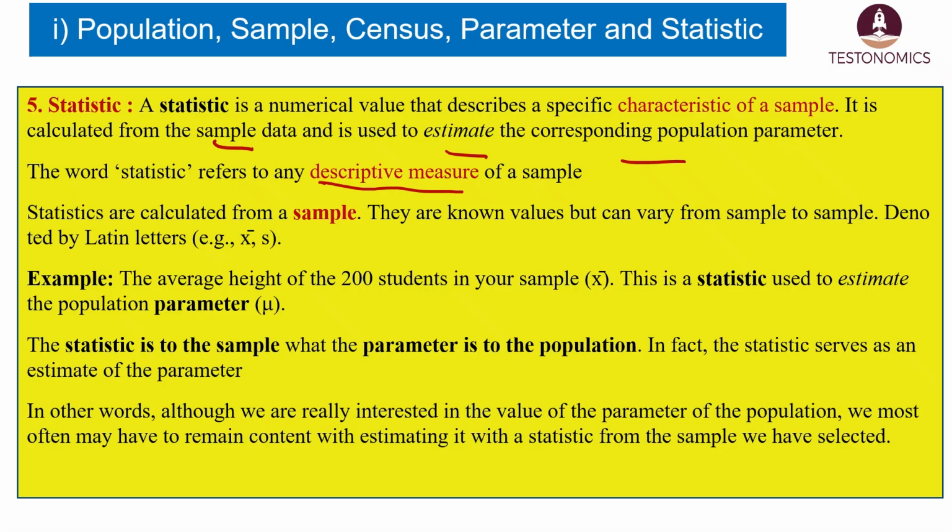Also note that what statistic is to the sample, the parameter is to the population. So in the exam, they can give you a question in which they can ask you something of this sort. In fact, the statistic serves as an estimate of the parameter.